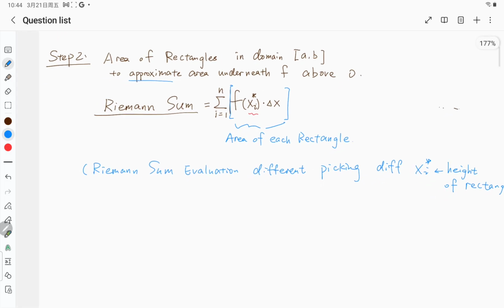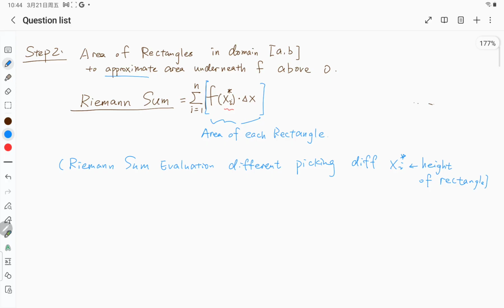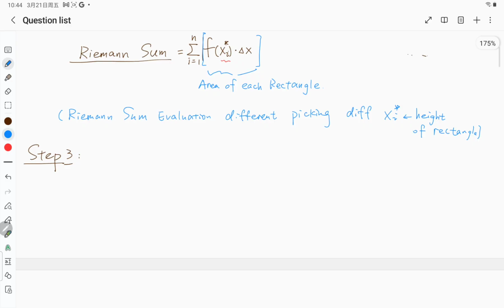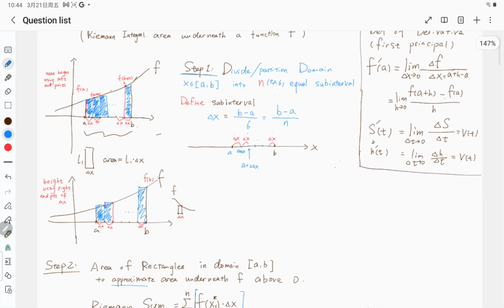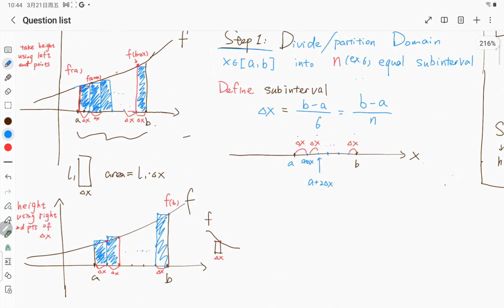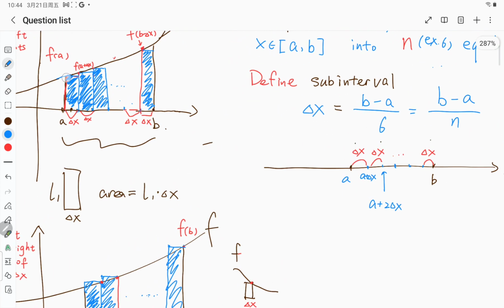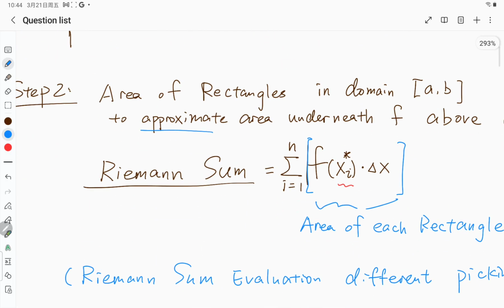All right. So the Riemann sum could be different, but when we take the limit, that's the magic. That's a great point of the limit: when we take the limit, no matter how you take the height of the rectangle, whether it is at the left point here or the right point or in the middle of the interval, it will be the same when you take the limit.